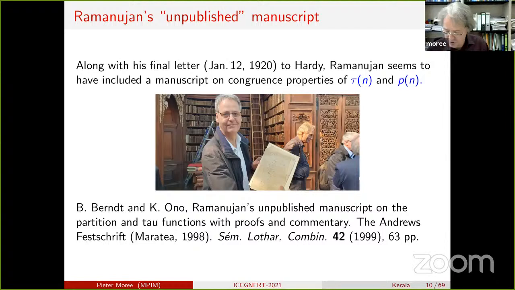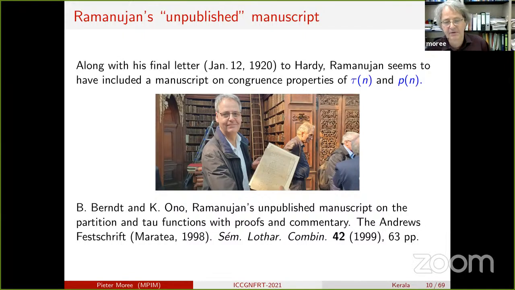Now Ramanujan made further claims beyond the one in this first letter, namely in an unpublished manuscript. And this unpublished manuscript was brought out by Bruce Berndt and Ken Ono. And if you just Google for the Séminaire Lotharingien de Combinatoire, you can actually find this online.